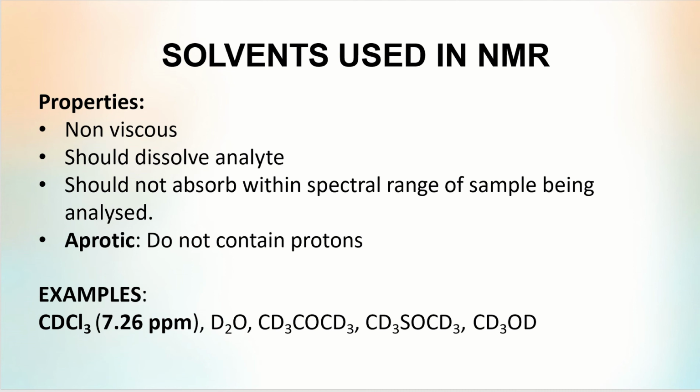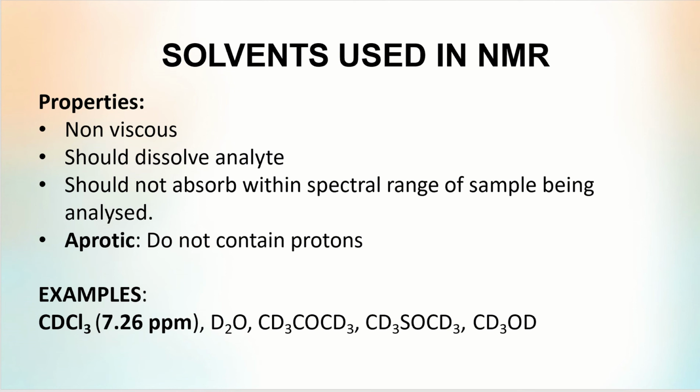So these are some of the common solvents used in NMR. And the properties of them generally are that, one, they are non-viscous. They should dissolve the analyte, and they should not absorb within the spectral range of the sample being analyzed, and that makes sense because you want to see your sample peak.